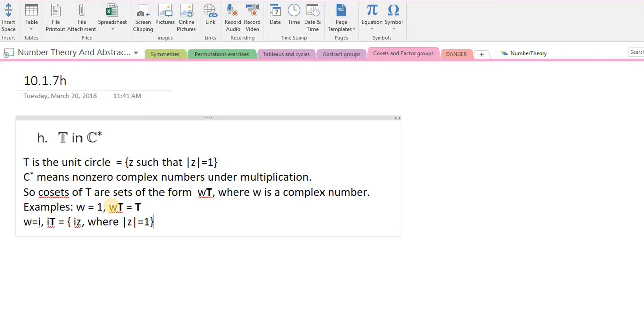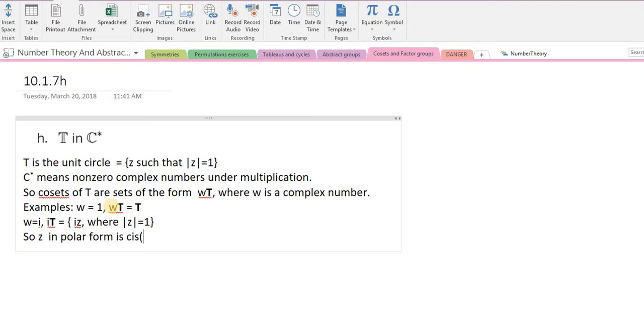So remember, in polar form, what's the polar form of z? Yes, because the radius is 1, we've shortened that to cis.